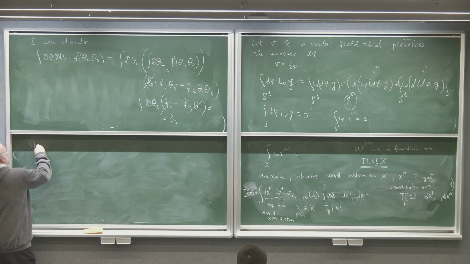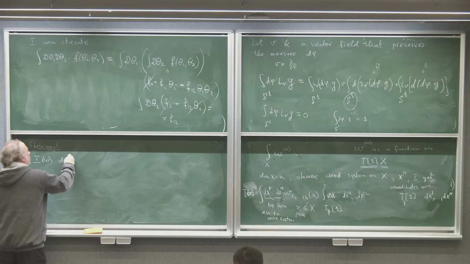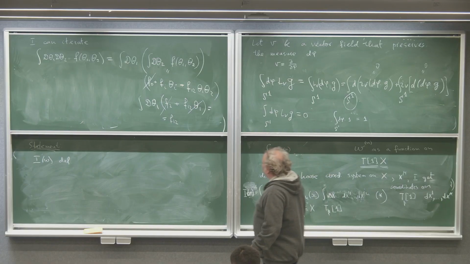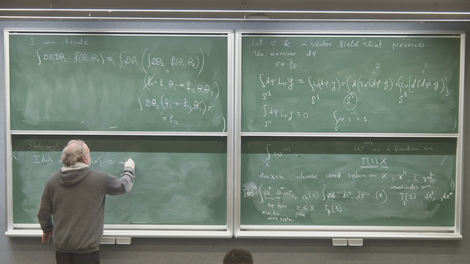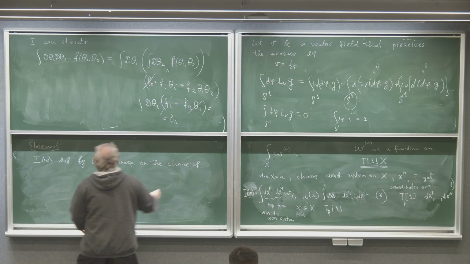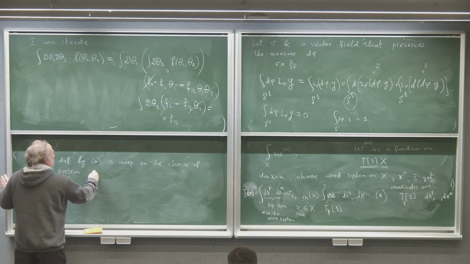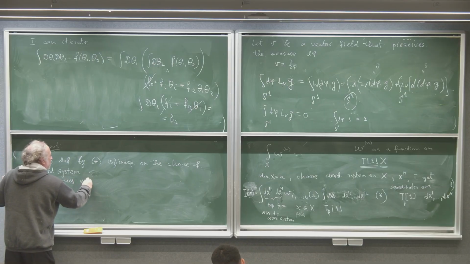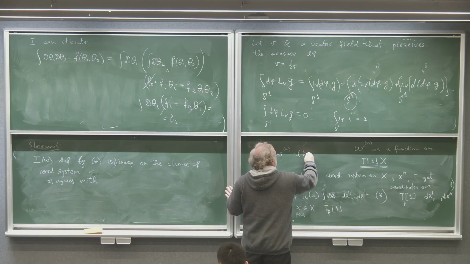There is a statement: the integral I of omega defined by the formula star is independent of the choice of coordinate system, and agrees with them.